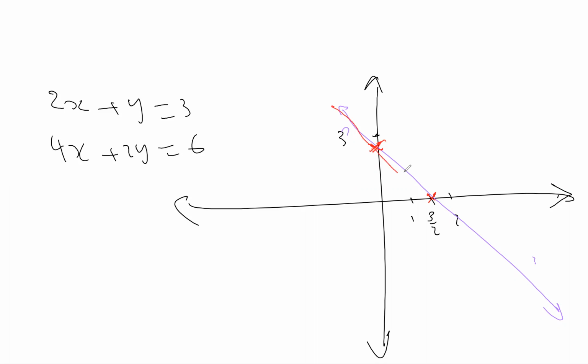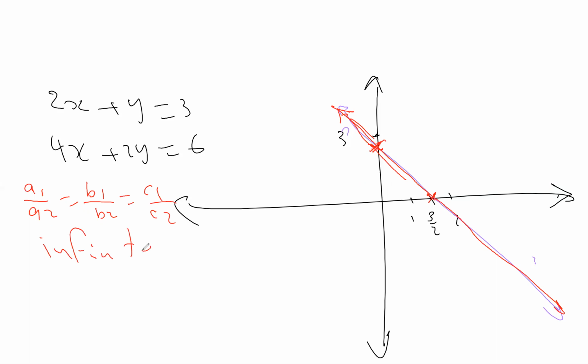And when you graph the other line, you will find them one straight line, or coincident. So the two equations have an infinite number of solutions. Why? Because A1 over A2 equals B1 over B2 equals C1 over C2. They have the same slopes and the same y-intercept. Then they are coincident, or they have an infinite number of solutions. Okay?